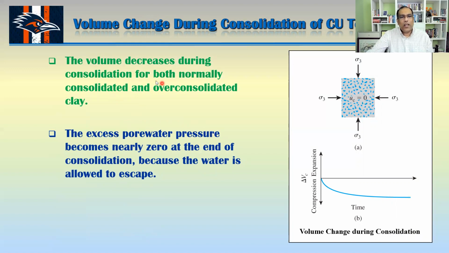That's talking about the consolidation phase. During that time, your pore water pressure is zero here. We just applied sigma 3, which is called the cell pressure or confining pressure. And you can see your specimen volume is decreasing. Okay, delta V is decreasing.